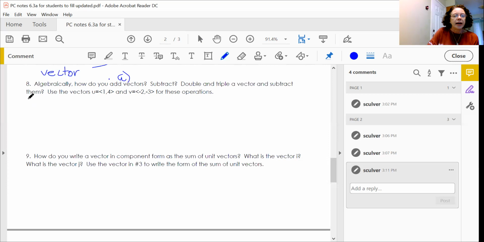The way you would do that is simply write vector u plus vector v.